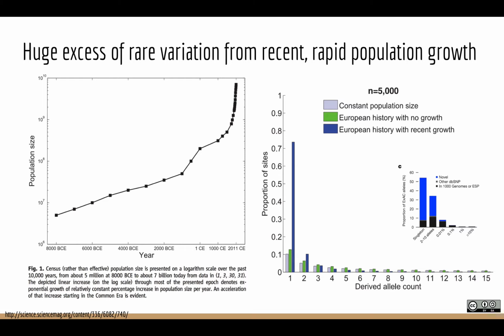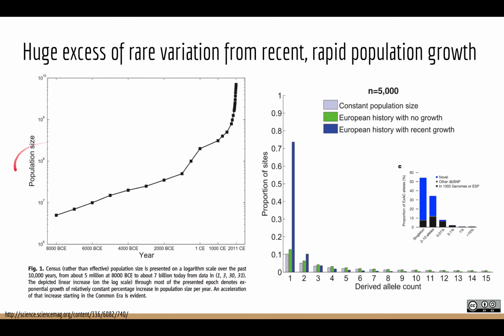There's this huge excess. One possibility is that there's a huge excess of rare genetic variation because most of the new alleles present in the human genome are deleterious, and natural selection is acting very strongly on them and winnowing them out of the population. It turns out that that's not really what's going on. The real explanation is that the human population has exploded in size over the last 2 millennia.